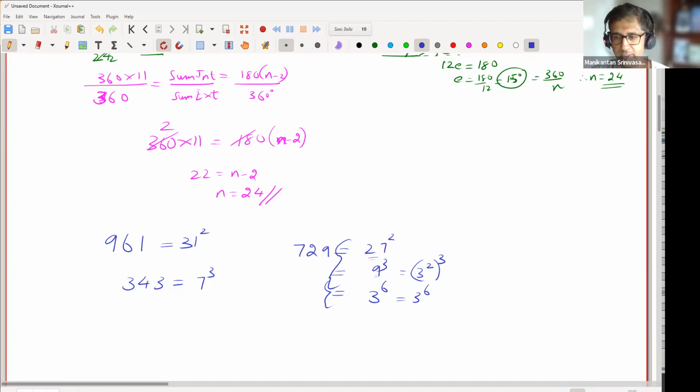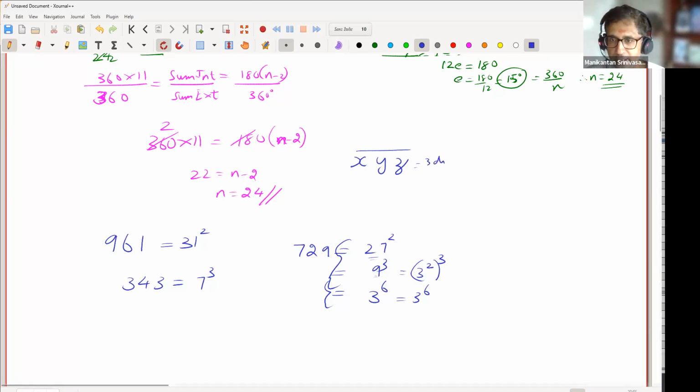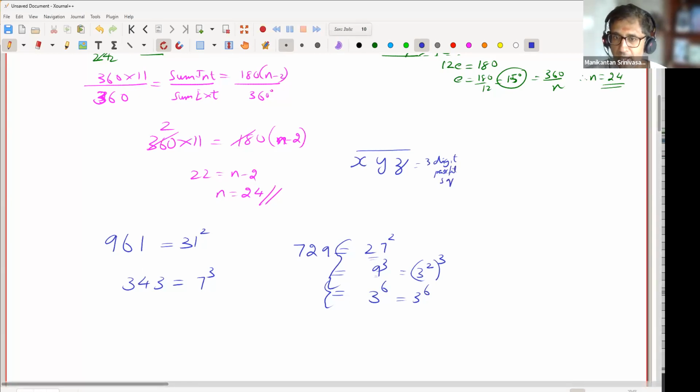Gyan, turn on your video, please. Rachit. XYZ is a 3-digit perfect square. Okay, so I should write XYZ like this. 3-digit perfect square. And ZYX is also a 3-digit perfect square.